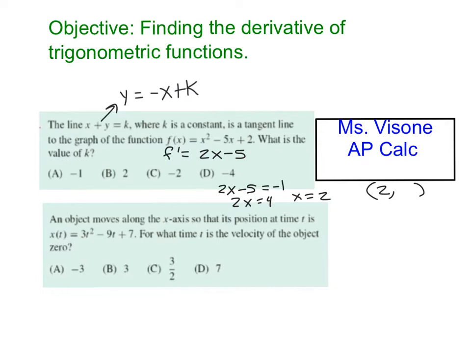If we plug f of 2 in, we get 4 minus 10 plus 2, negative 4. So it's tangent at the point 2, negative 4. So let's see, if we plug this into the line, we get negative 4 equals negative 2 plus k. So k has to be negative 2.